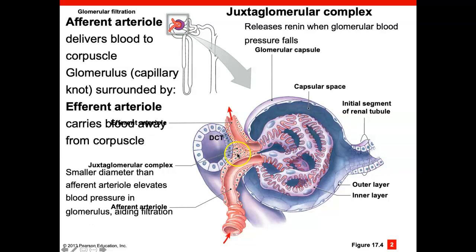It's these cells right here. And when the pressure falls in this area, when the blood pressure falls, filtration will not be accurate. And so the juxtaglomerular apparatus will release renin to increase the blood pressure.